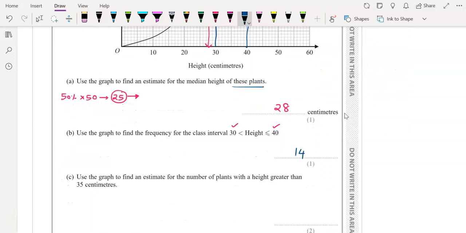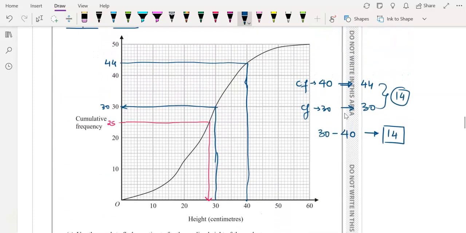Use the graph to find an estimate for the number of plants with a height greater than 35 centimeters. So greater than 35 centimeters. So this is 35. So let's find the corresponding value. So from 35, you go to your graph and find the corresponding value.